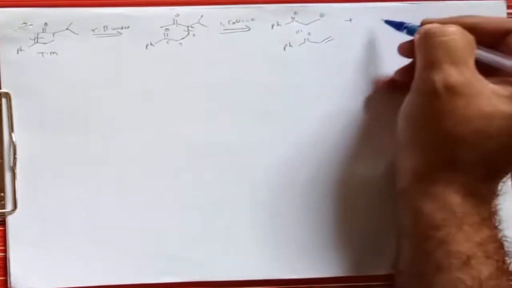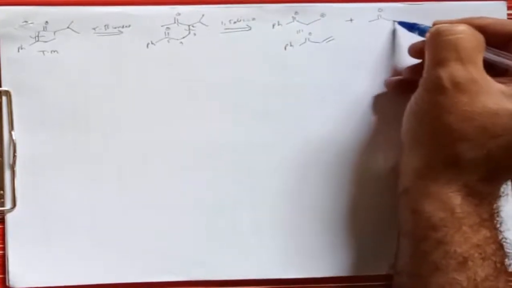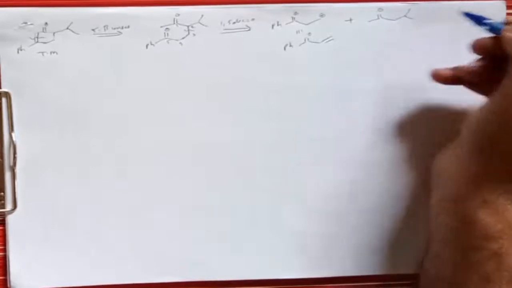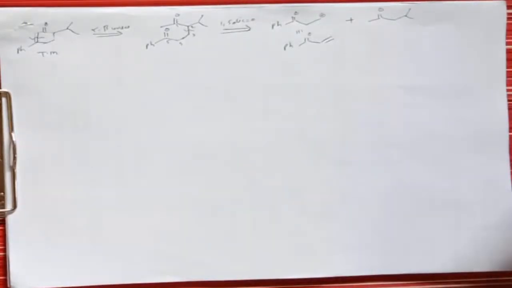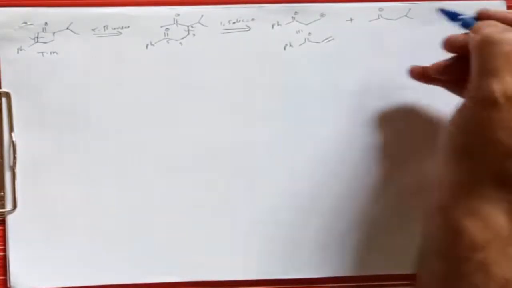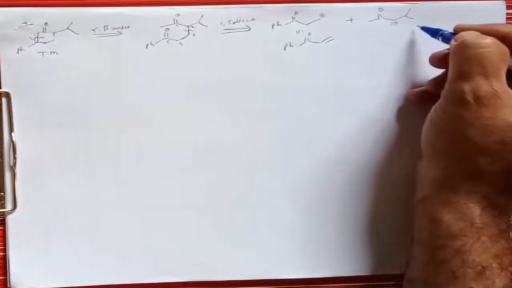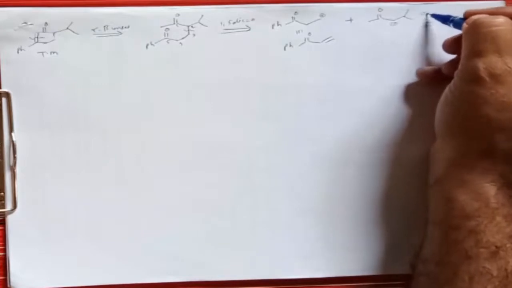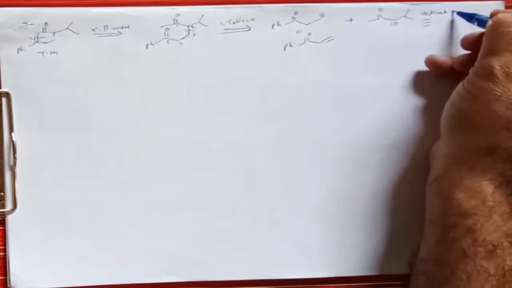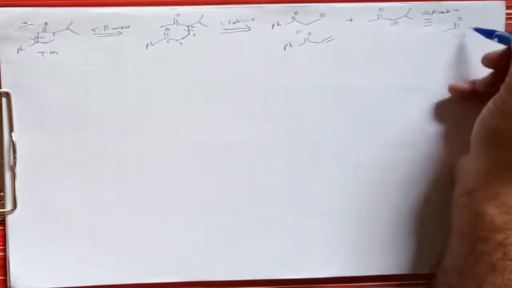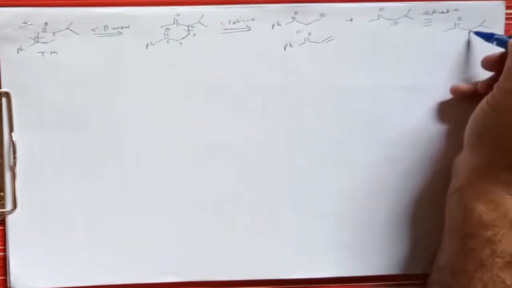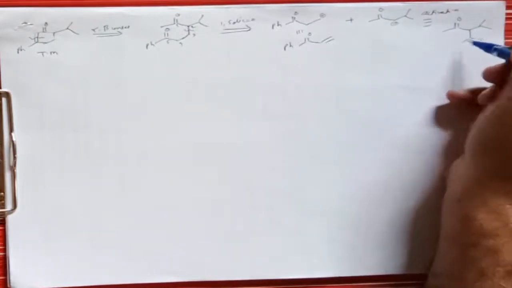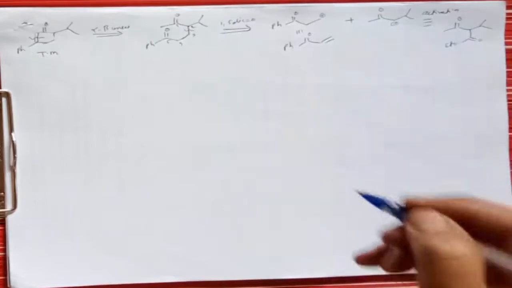Along with it there is a negative charge, on a functional group like this, and we know that for such a negative charge we can go for protection as well as activation, and in that activation it gives such molecules. So here we can take a carbonyl compound along with an ester functional group.